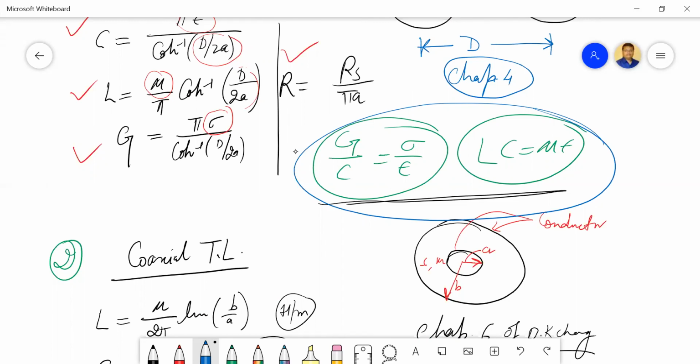With this basic knowledge, I think it is sufficient to understand how we can convert any distributed system into lumped parameters, and particularly write the equivalent circuits. With this part, we calculated the various lumped parameters.